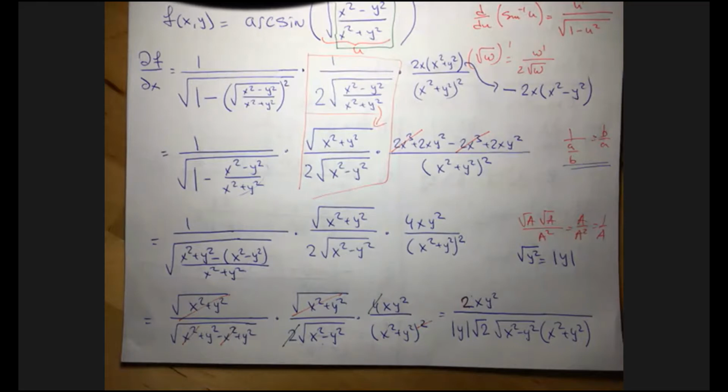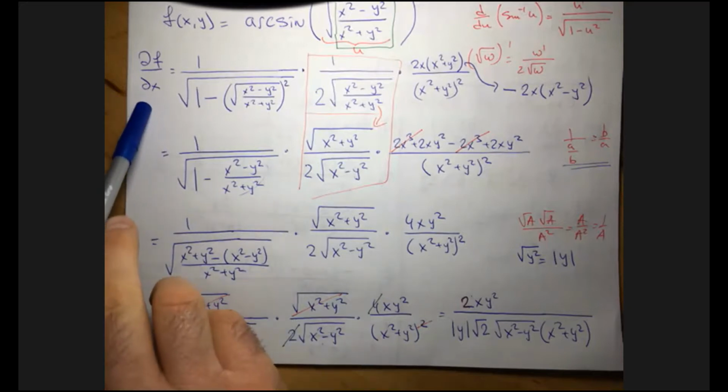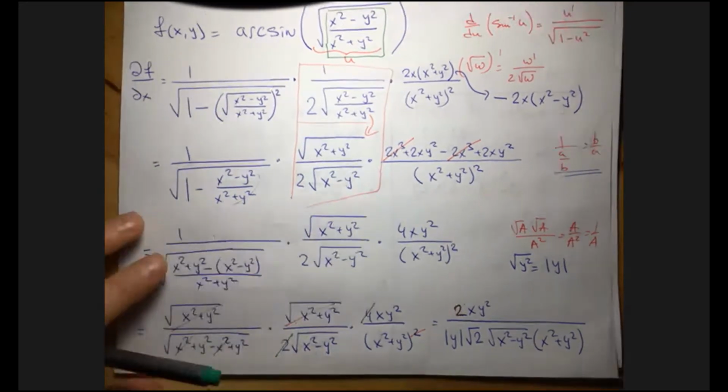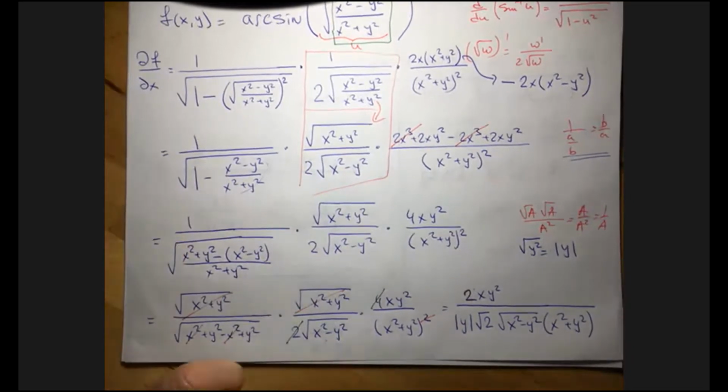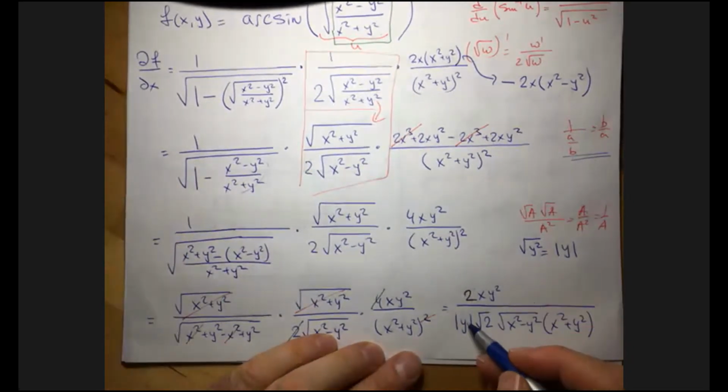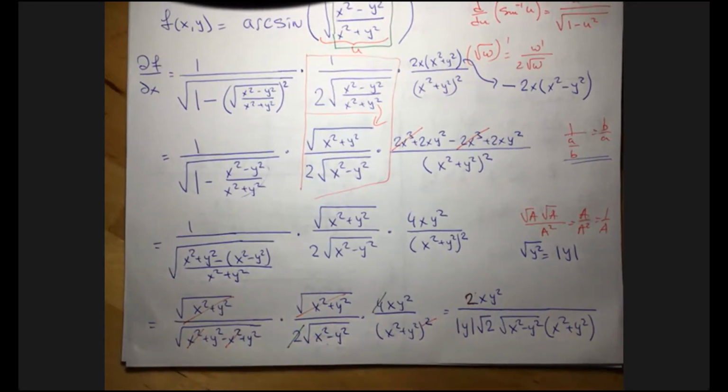This is just the partial derivative with respect to x. Okay. Now, if y is positive, then you can cancel this y and this y, and so on and so on. You can simplify this expression even further. Any questions, guys? So look at this and tell me if you have some questions.